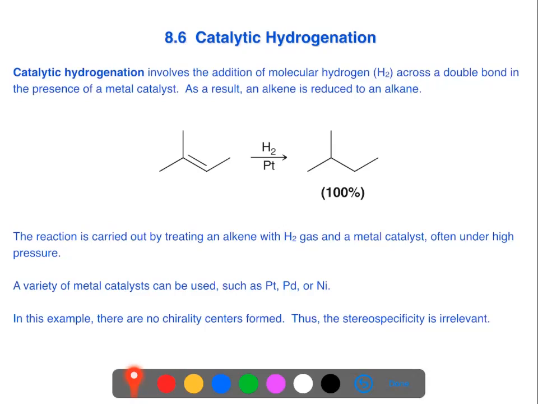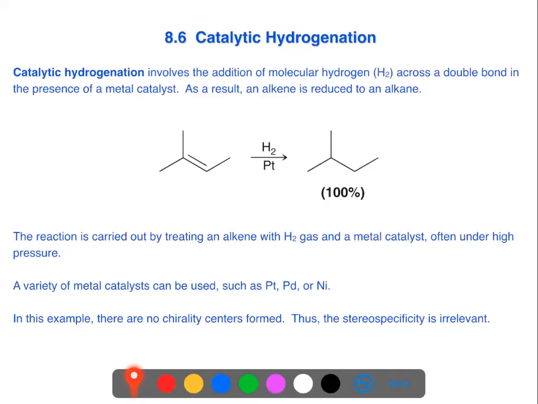Again, this reaction is carried out by treating the alkene with hydrogen gas and a metal catalyst. And this is often carried out under higher pressures than normal atmospheric pressure. So it could be a few atmospheres of hydrogen gas as opposed to just ambient normal pressure, 1 atmosphere. There's a variety of catalysts, metal sources, that can be used.